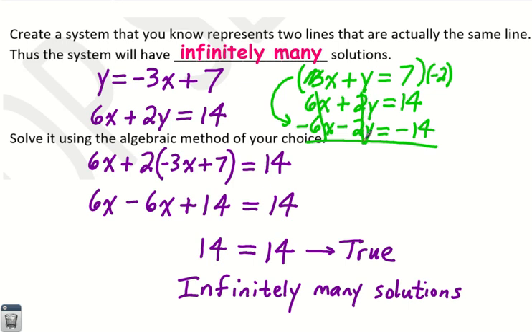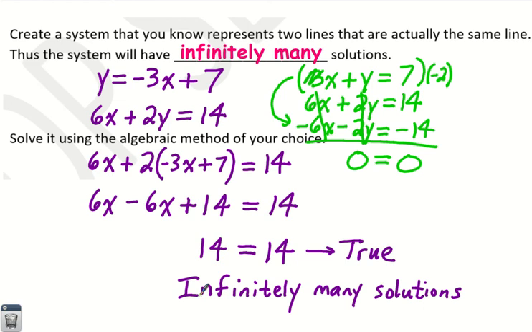And you end up with essentially 0. And over here, 14 plus a negative 14, 0. And you end up with, like I said, 0 equals 0, but that's true. And so you still end up with this same final answer of infinitely many solutions.